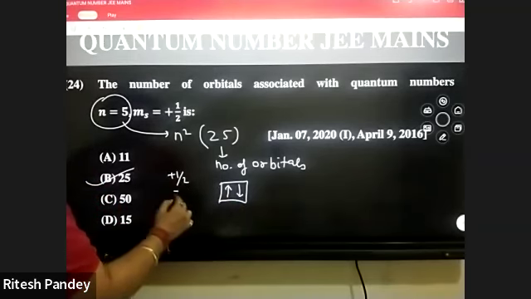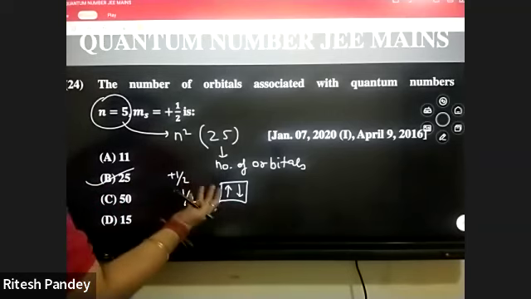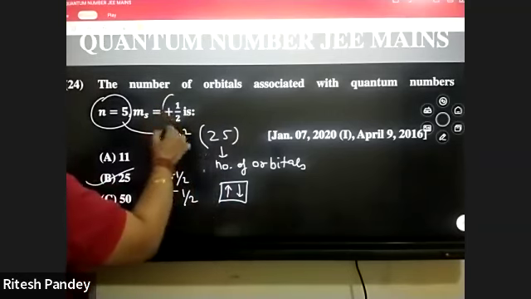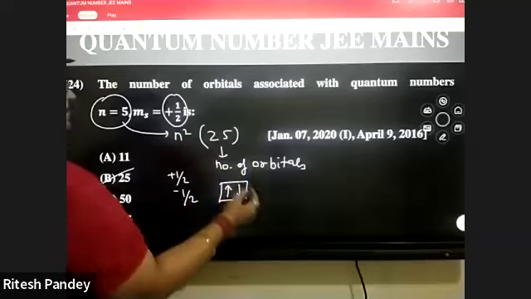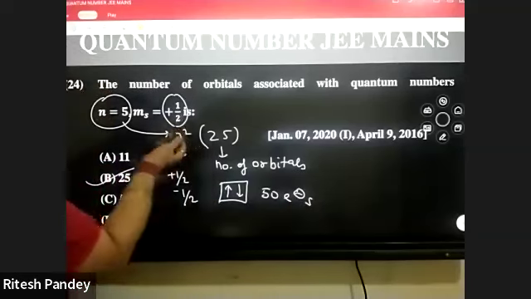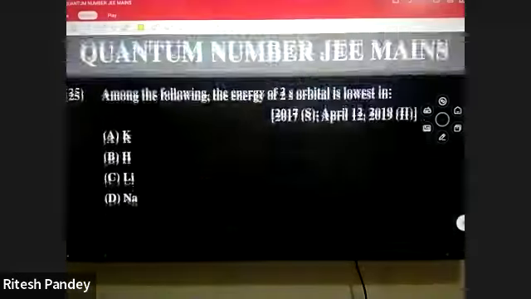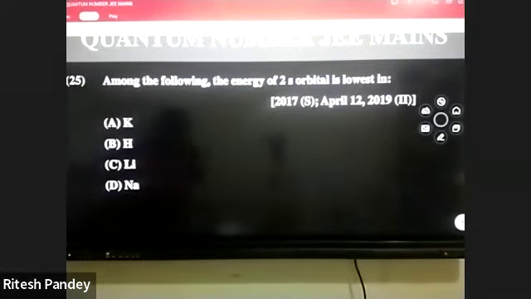But because plus half and minus half are two quantum mechanical analogs, I'll believe that for plus half or minus half, in 25 orbitals there are 50 electrons, and half of them will be plus half and half of them will be minus half. I guess I'm being understood. 25 is indeed the right answer. Question 25.